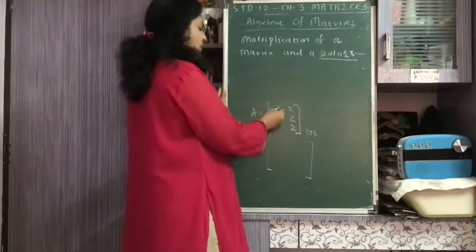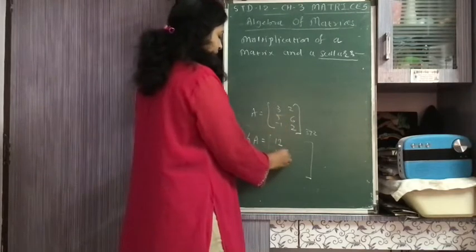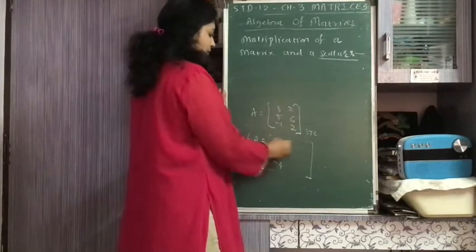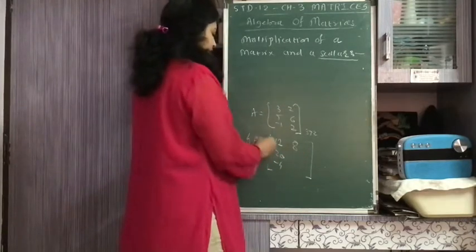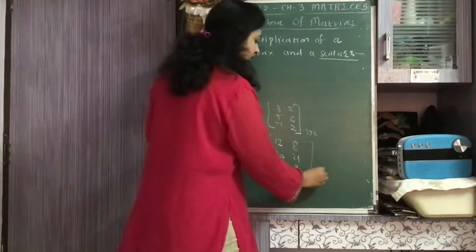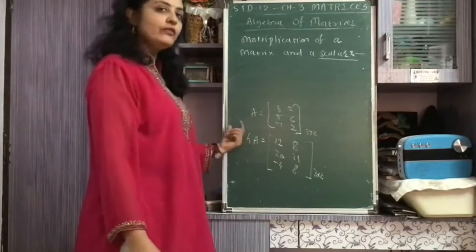So 3 into 4 will be 12, 5 into 4, 20, minus 1 into 4, minus 4. 2 into 4, 8, 6 into 4, 24, 2 into 4, 8. Again it will be of the same order. So A and 4A will be of the same order.